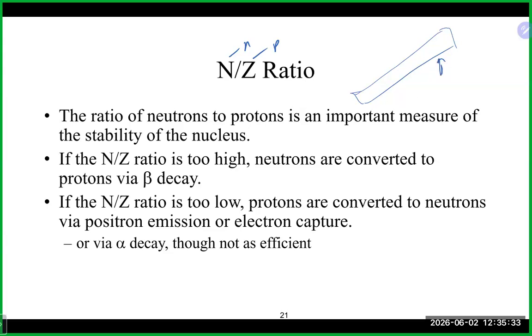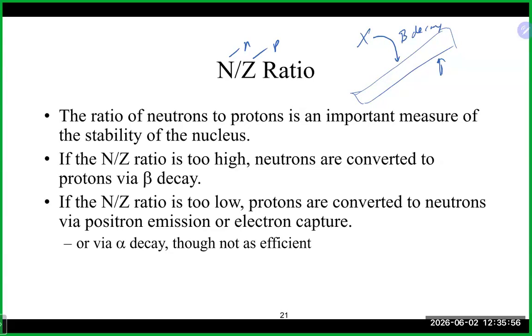If this ratio is too high, so you find yourself on the high side, neutrons get converted into protons, and it will go through a beta decay to bring that ratio down towards a more stable ratio.